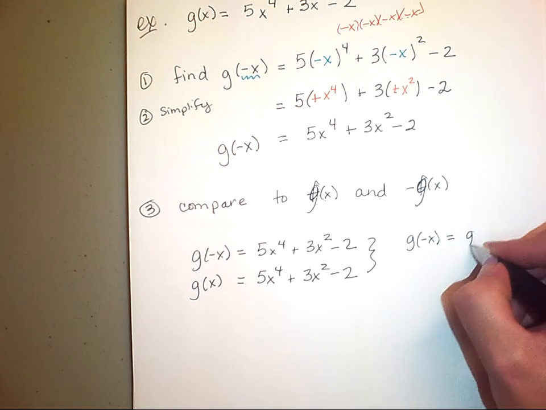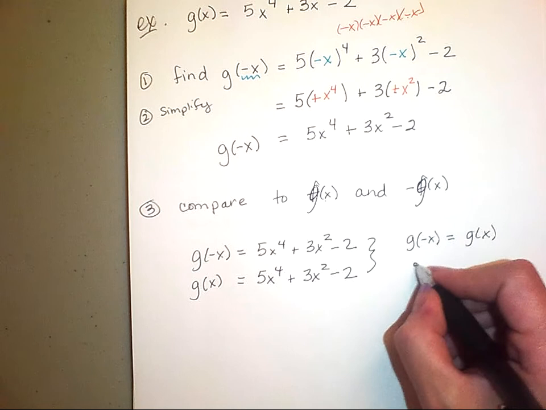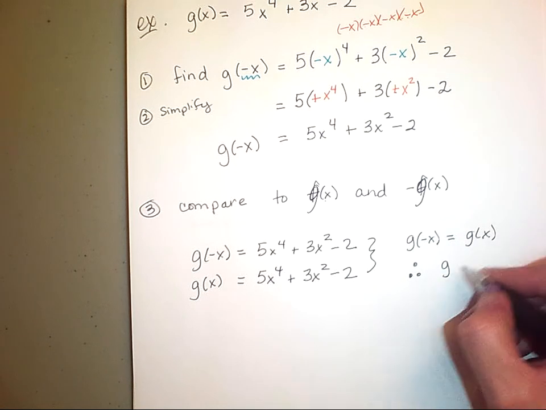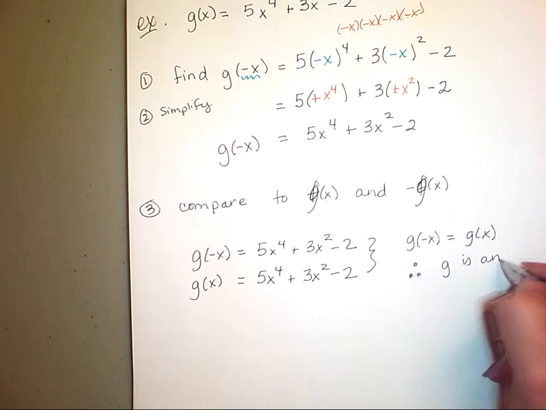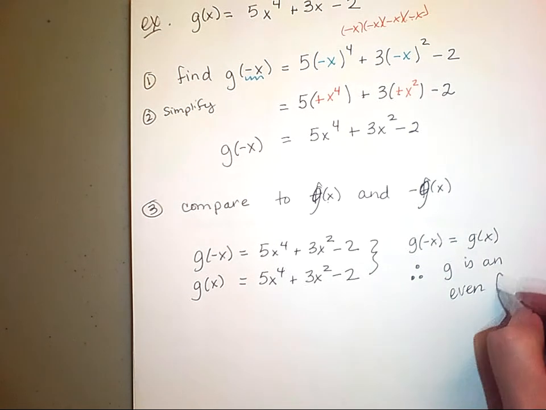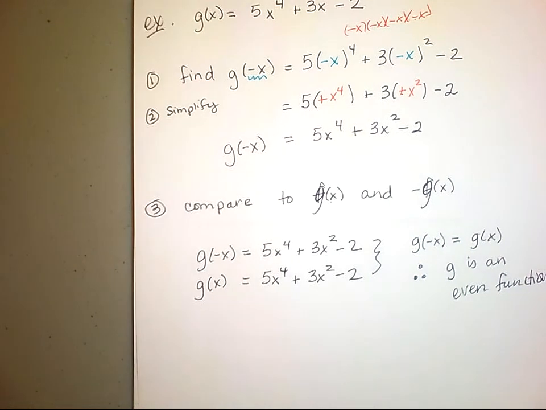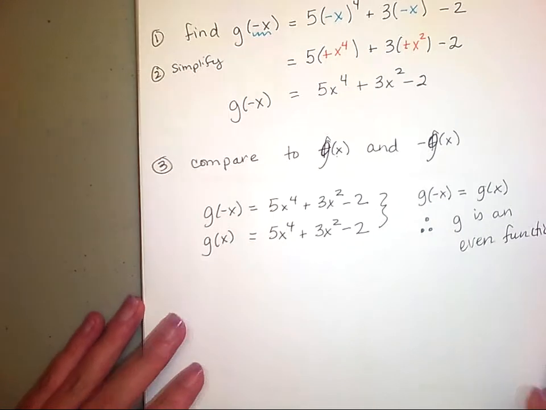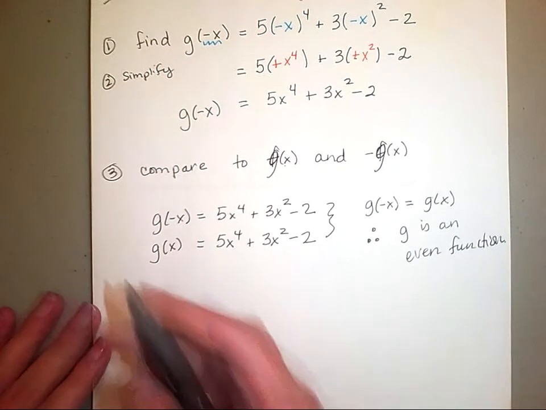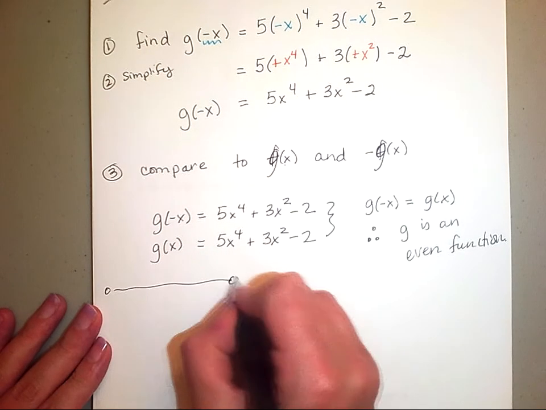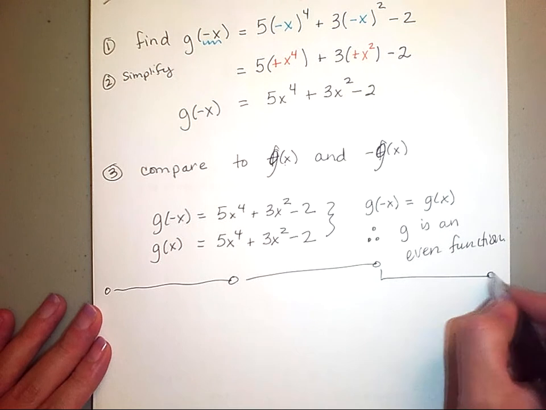That is, g of negative x is equal to g of x. And therefore, we can say g is an even function.